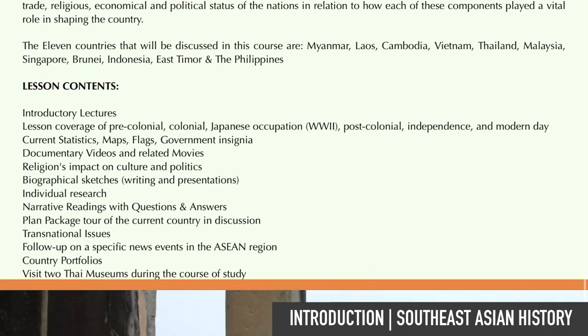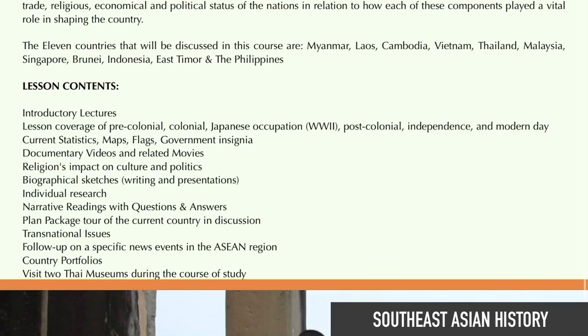Then the lecture will cover the pre-colonial time of each of the Southeast Asian countries, the colonial time when the Europeans came into Southeast Asia and took over, then the Japanese occupation in the late 30s and 40s, and then the end of Second World War, and then post-colonial when the Europeans came back again, but they came back to free the countries, gave independence.